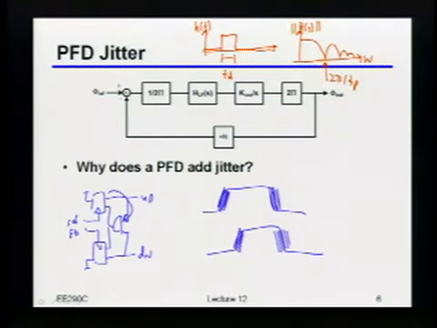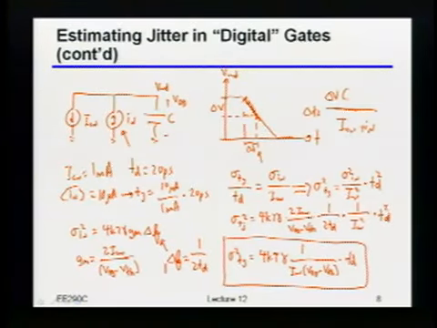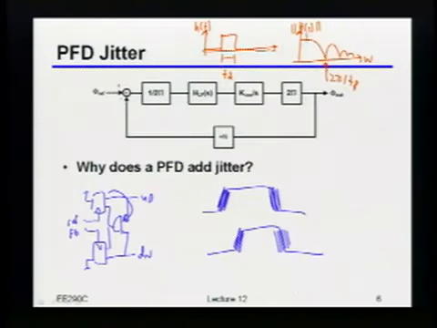Okay, so the way I got this is just by integrating this magnitude squared, df, from 0 to infinity, of this transfer function. Does that make sense, or?